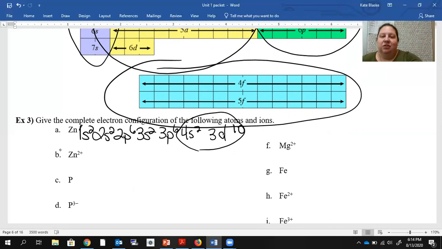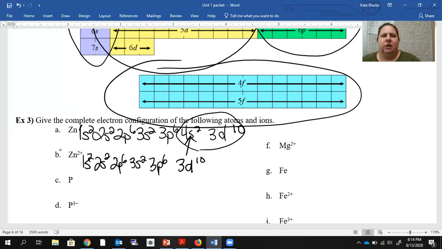Those outermost electrons are the 4s, because that fourth energy level is farther away from the nucleus than that third energy level. So zinc +2 is going to be 1s2, 2s2, 2p6, 3s2, 3p6. You can either write 4s0 or not write it at all, 3d10.